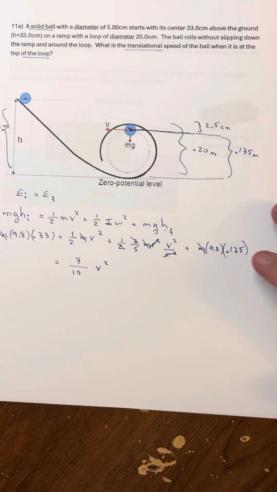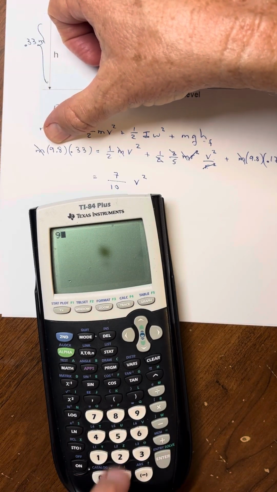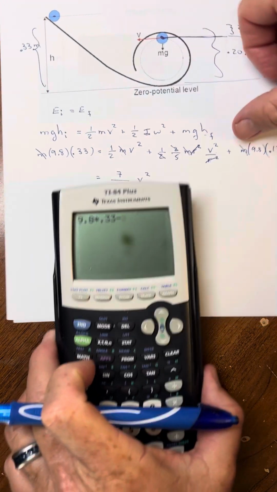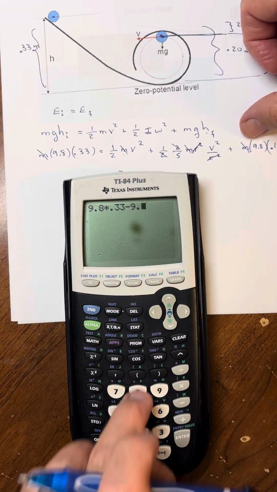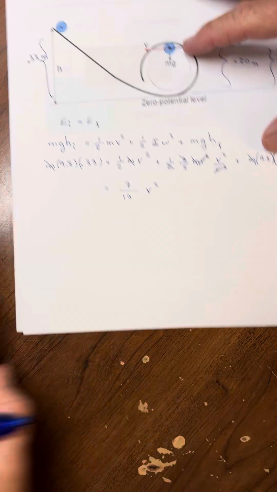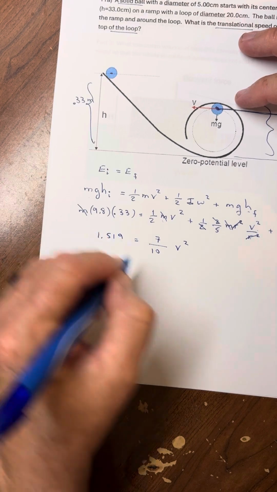And then this number, why don't I just do this? 9.8 times 0.33 and subtract off 9.8 times 0.175. And so this is 1.519.